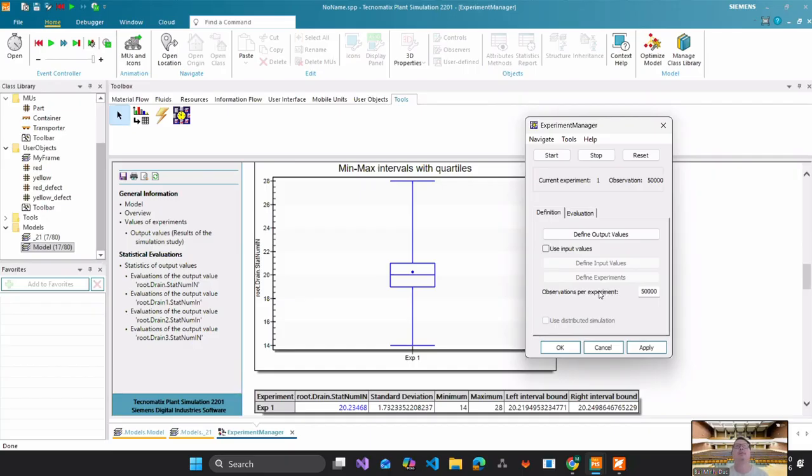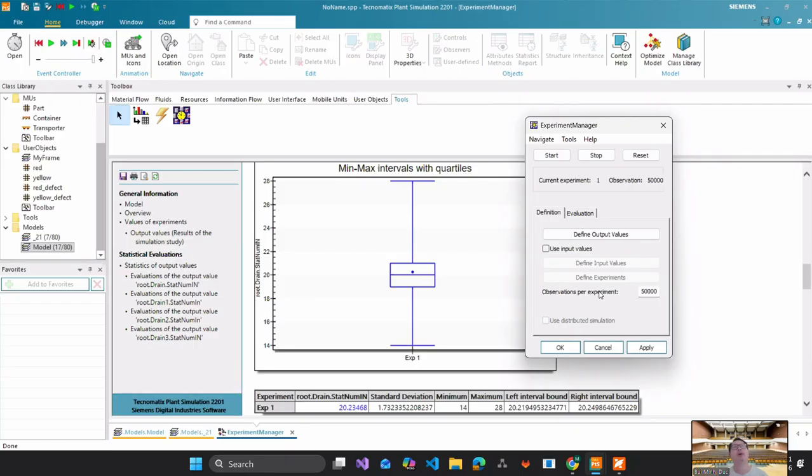For example, I can change the setup of the machine, processing time 2, and then the next experiment is processing time 4 minutes. It means a different setup in the system, which means a different experiment, and with each experiment, please run it 5,000 or 50,000 times.